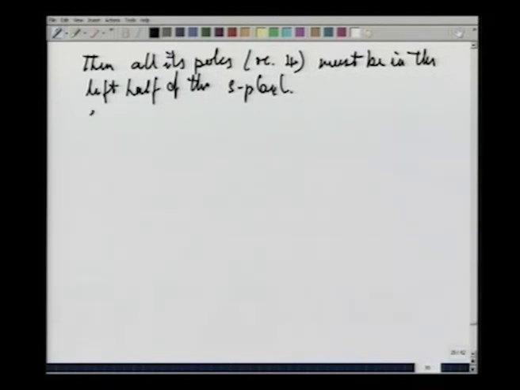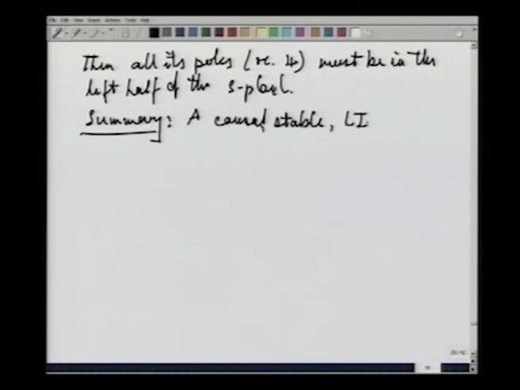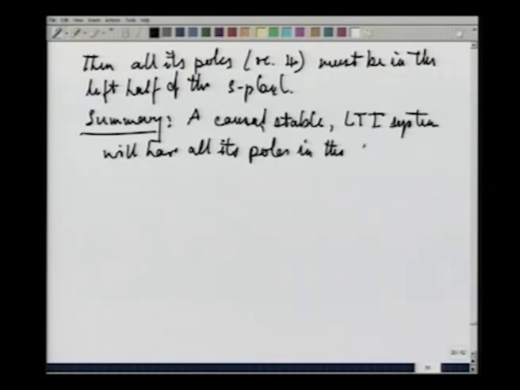Summary. A causal stable LTI system will have all its poles in the left half of the S plane.